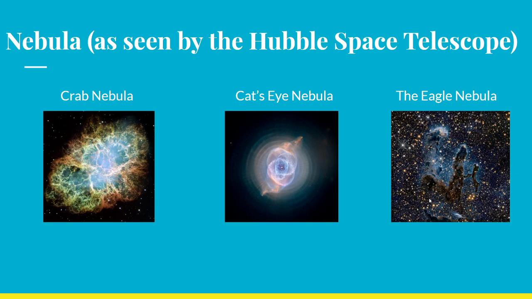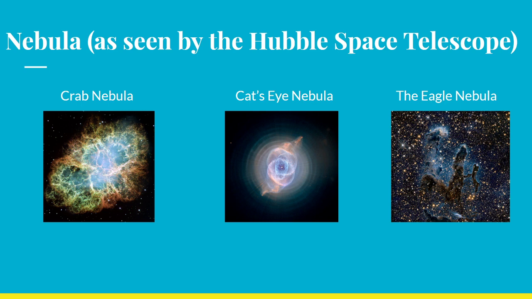And so here are some pictures of nebula, or nebulae in plural, that the Hubble Space Telescope has taken pictures of. We've named them after what we think they look a little bit alike. So we have the Crab Nebula, the Cat's Eye Nebula, sometimes just referred to as the Eye Nebula, and then the Eagle Nebula.